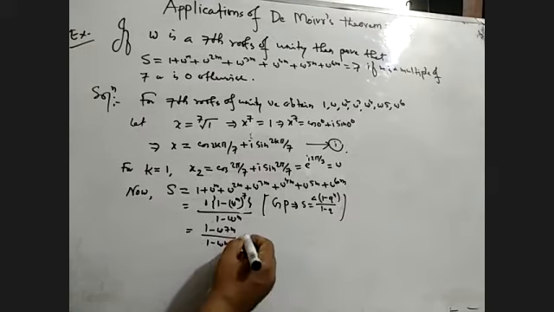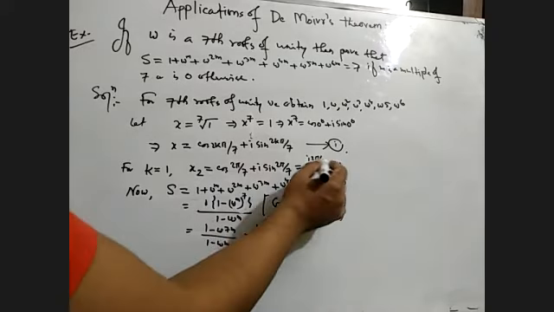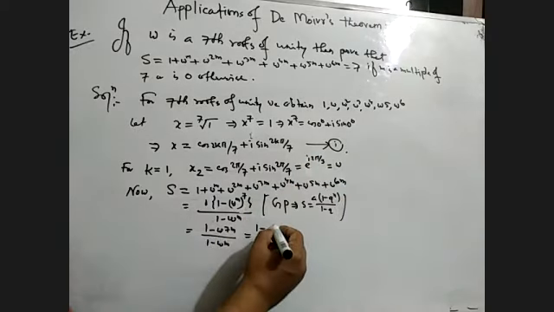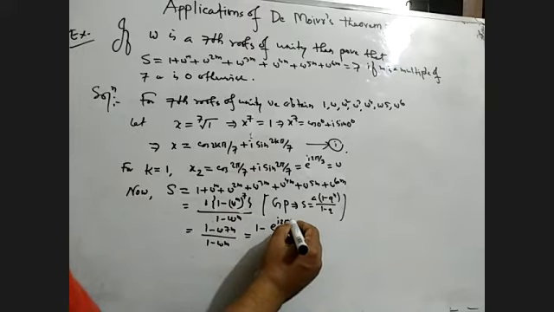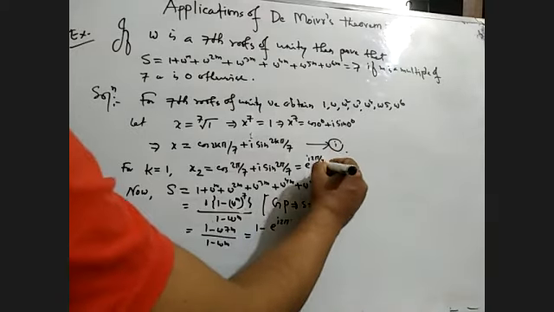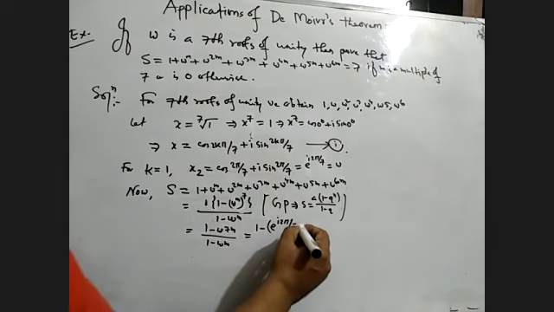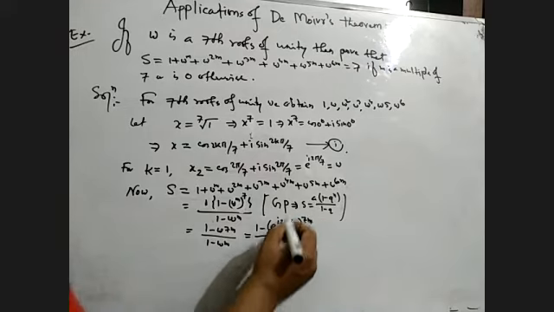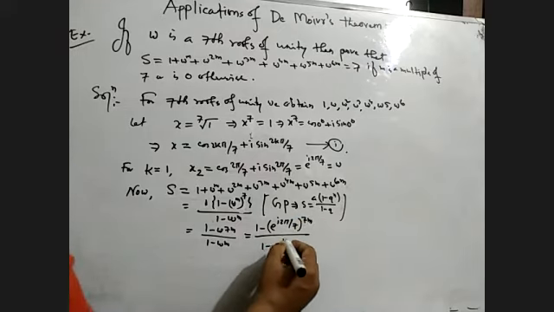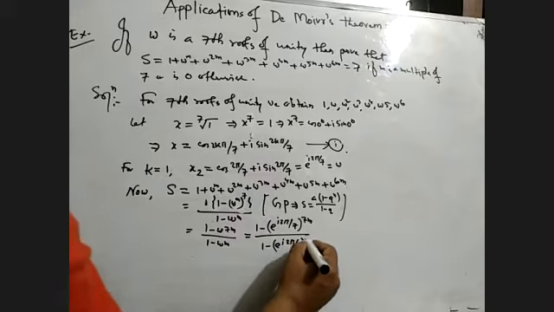And this equals what? 1 minus omega equals e to the power i twice pi by 7, to the power 7m. 1 minus omega equals e to the power i twice pi by 7 to the power m.